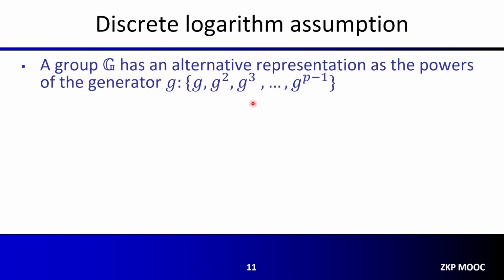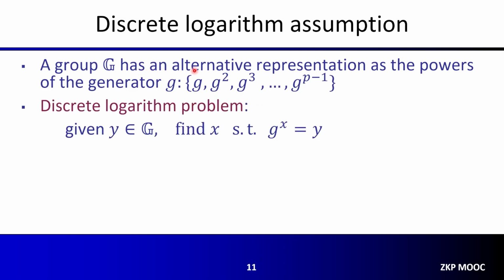Here, note that in this lecture, I'm using the multiplicative notation, where the operation of the group is multiplication, and exponentiation means repeating the multiplication multiple times. Recall that in the last lecture, Dan was using the additive notation, where the base operation is addition. Each of these two notations is convenient for different protocols and it is good for you to understand both notations. But I will use the multiplicative one in this lecture.